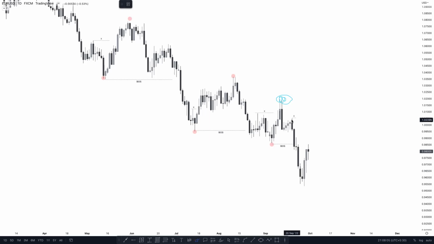For example, if the distance between minor inducement and major inducement is very close, then you have to choose major inducement. And if the distance between minor inducement and major inducement is very large, then you can choose minor inducement in those cases. Okay, so for example here, let me show you exactly.